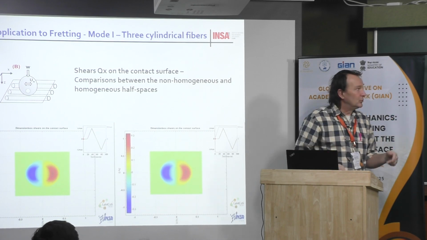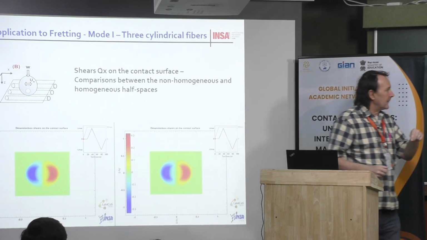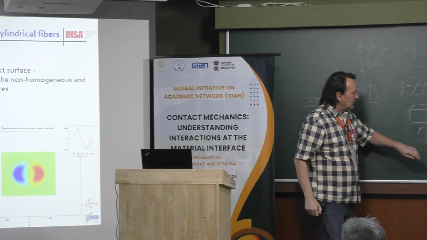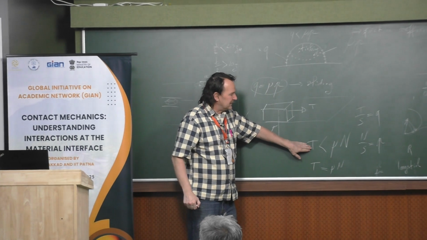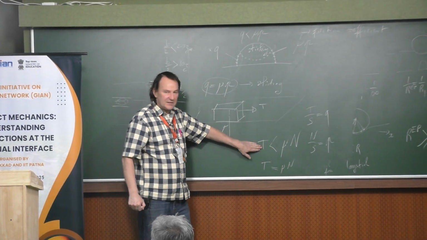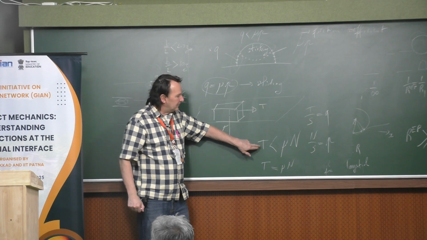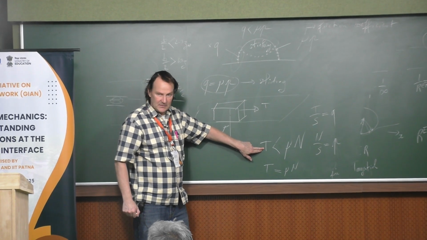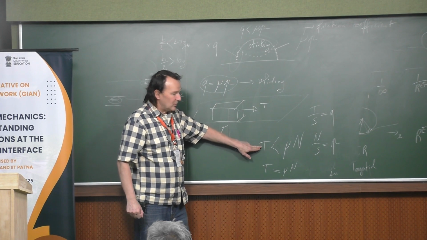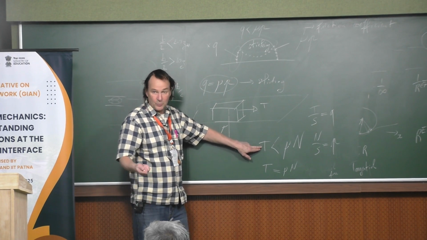Now to know if it is sticking or sliding, this is the Coulomb law. When the tangential load is lower than the friction coefficient times the normal load, this is sticking. Now, if you divide that by the surface, a force divided by a surface corresponds to a stress or a pressure.